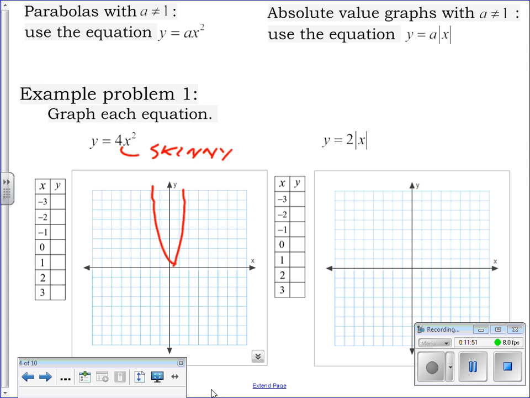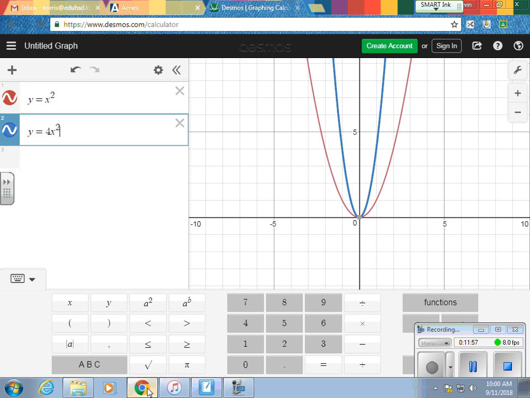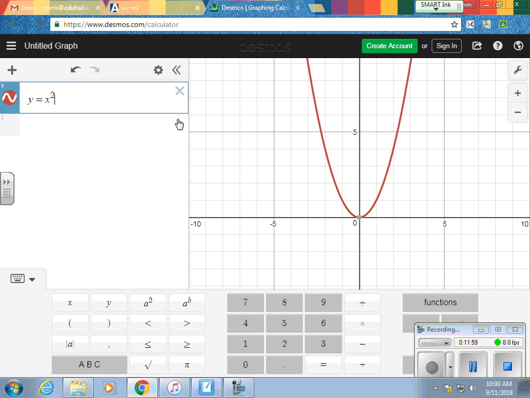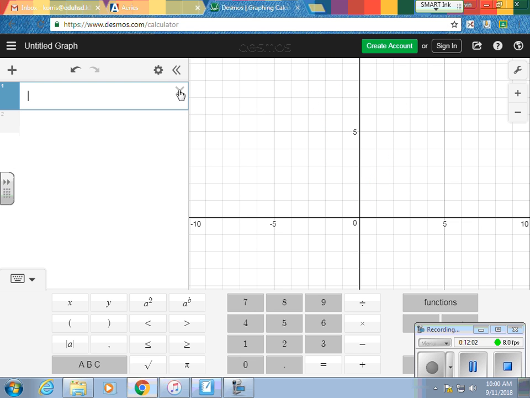So I go back to there we go. Go back to here. I'm going to get rid of that one, get rid of this one, and I'm going to go, okay, y equals absolute value. Notice when you type in the absolute value, it's the absolute value key, and you do have to use the absolute value key.